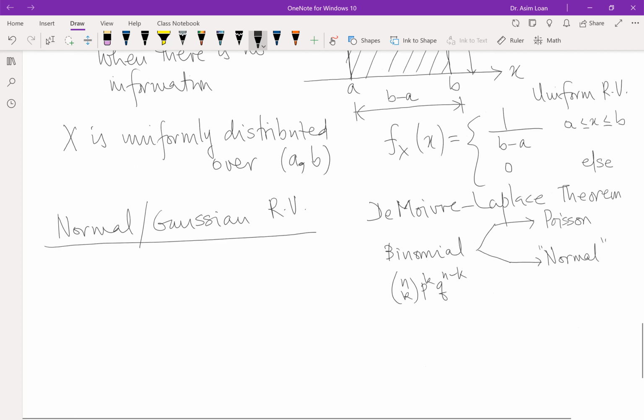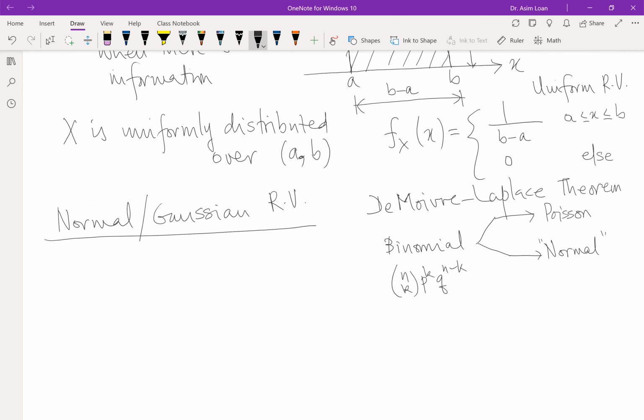In the normal case, whenever you have a sum of a large number of small disturbances, just like Brownian motion, if you remember, and you want to take their cumulative effect, this is modeled as a Gaussian random variable.